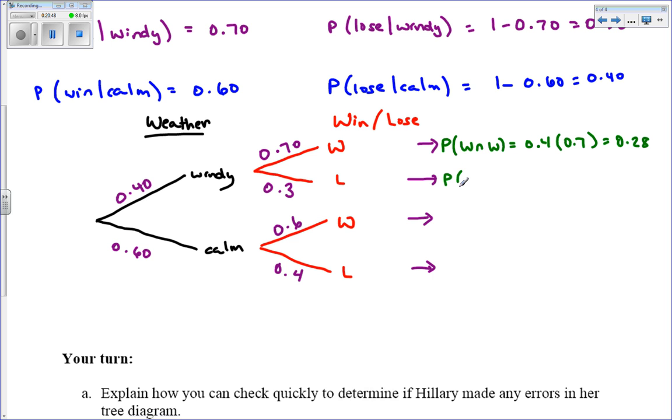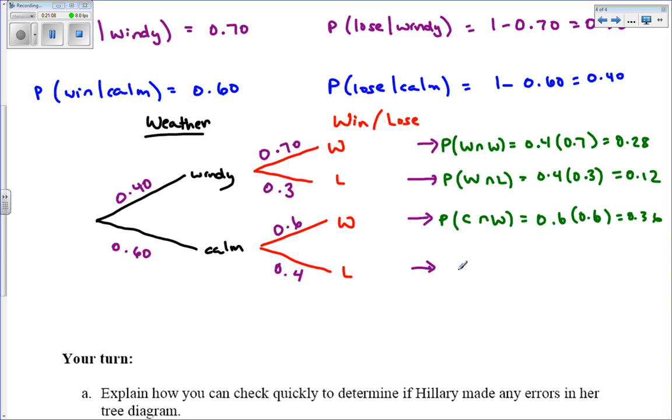The probability of windy and losing is 0.4 times 0.3, which is 0.12. The probability of calm and winning is 0.6 times 0.6, which is 0.36. And the probability of calm and losing is 0.6 times 0.4, which is 0.24.